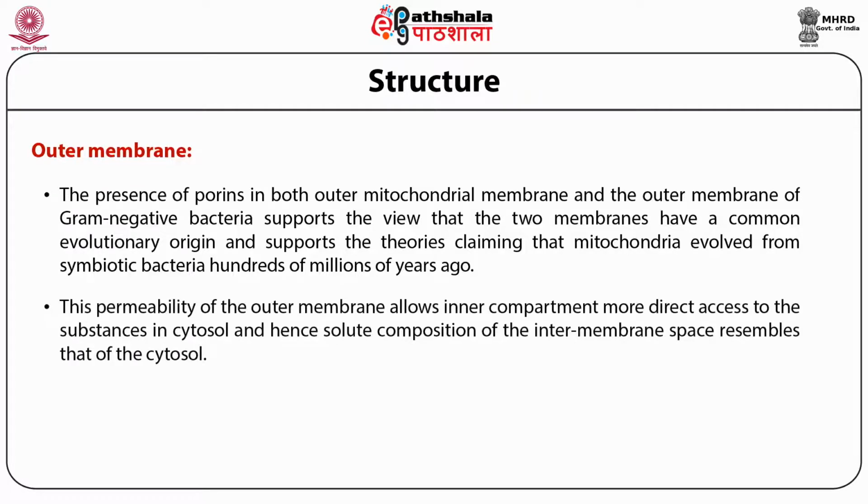This permeability of the outer membrane allows the inner compartment more direct access to the substances in the cytosol, and hence the solute composition of the intermembrane space resembles that of the cytosol.